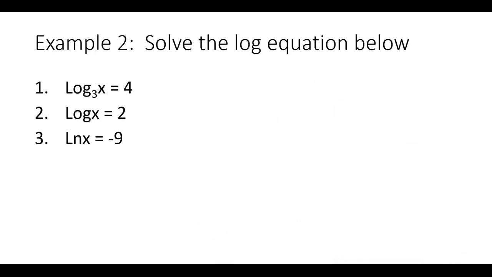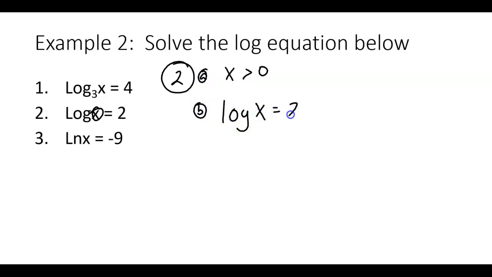Let's go ahead and take a look at number 2. So let's do the domain. Once again, it's x is greater than 0. Step 2, we're going to exponentiate both sides. So look at this expression. What's the base? Hopefully you remember that when they don't have the base written here, that means it's 10. So I'm going to make each of these sides a power of 10.